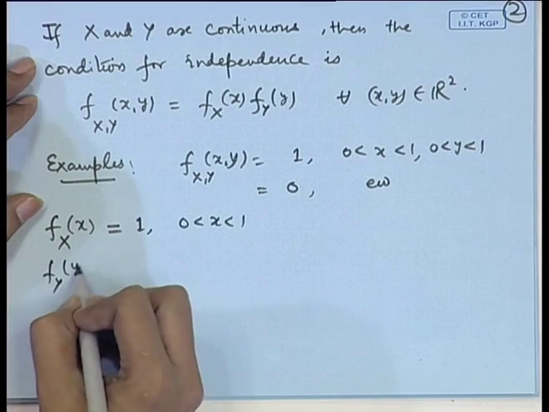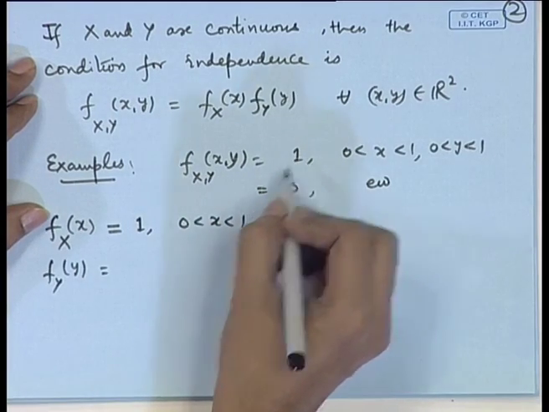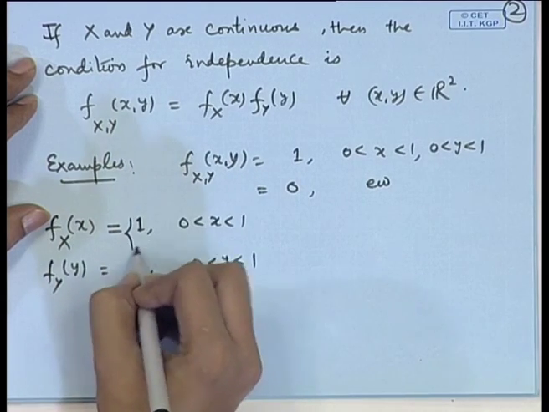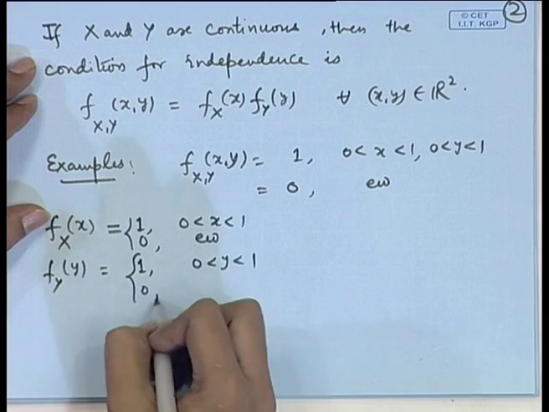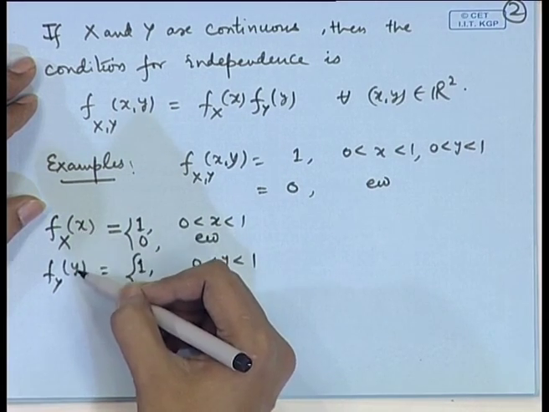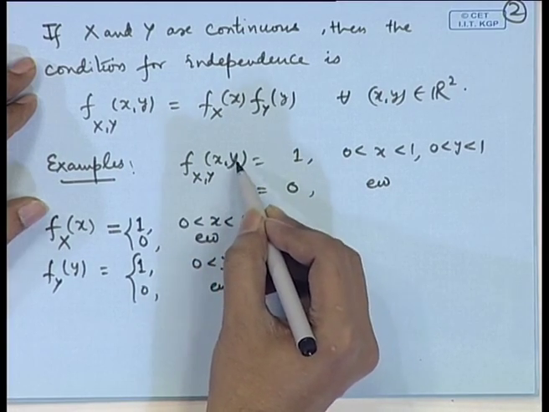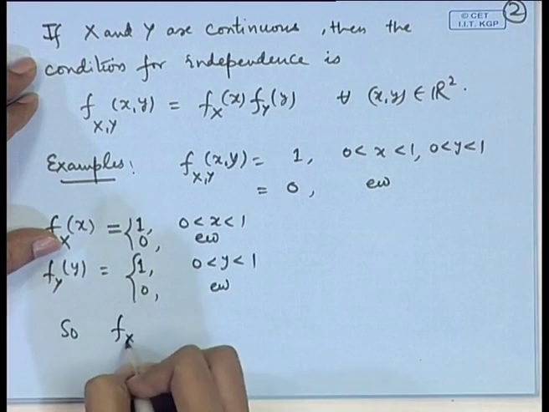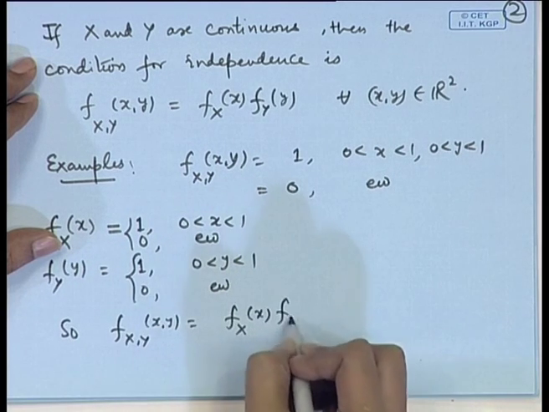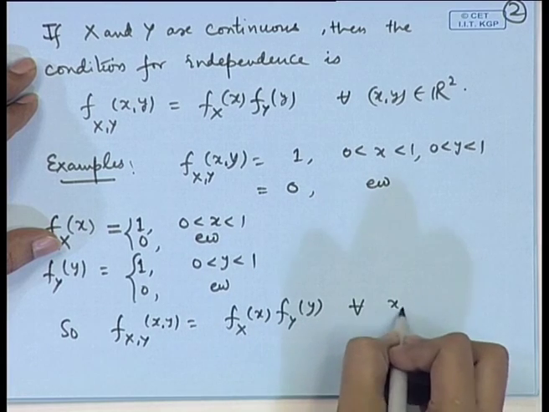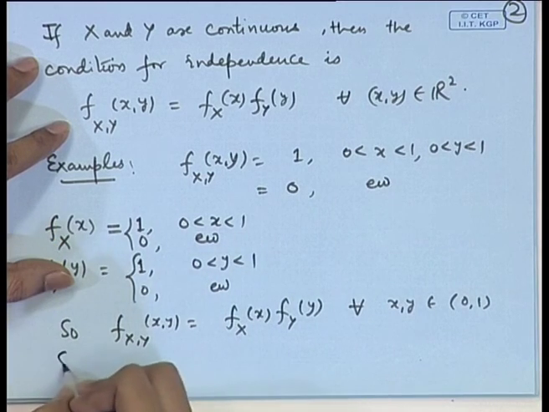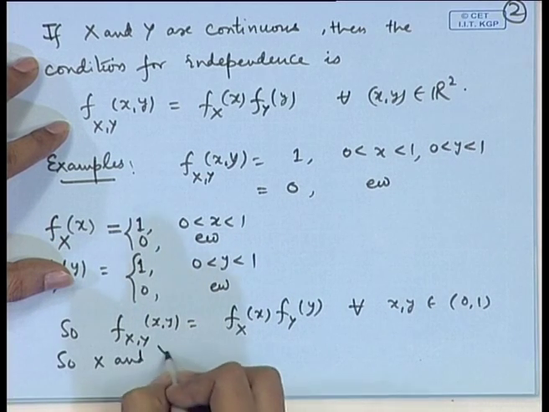Similarly, if we integrate with respect to x from 0 to 1, we will get 1, and of course 0 elsewhere. So, you can easily see that the product of f_X(x) and f_Y(y) is equal to f(x,y). This condition is satisfied for all x and y. So, X and Y are independent.